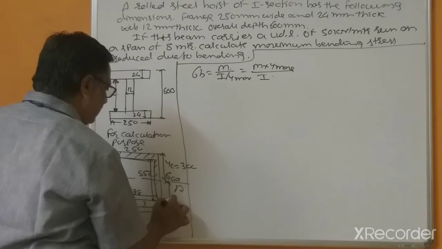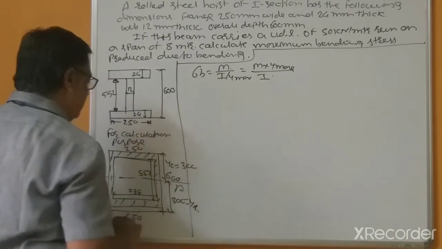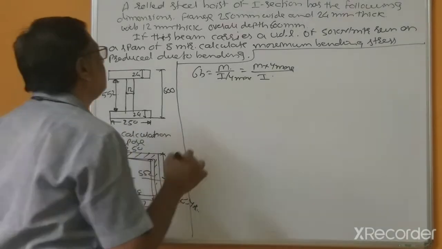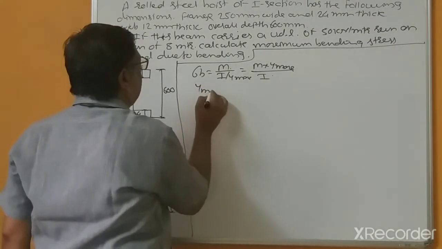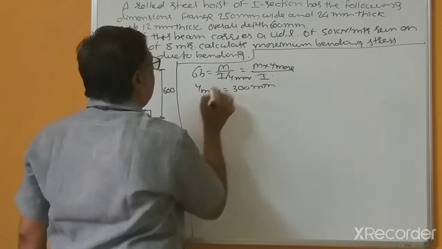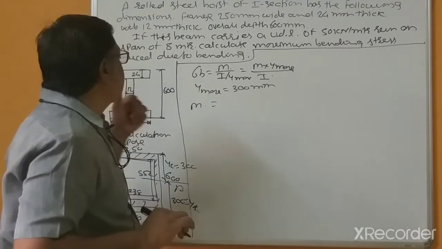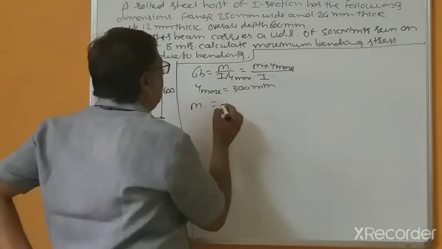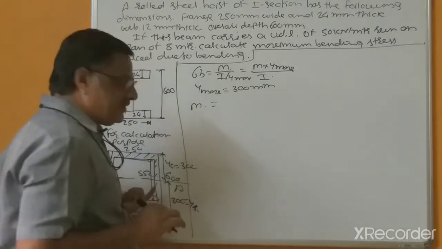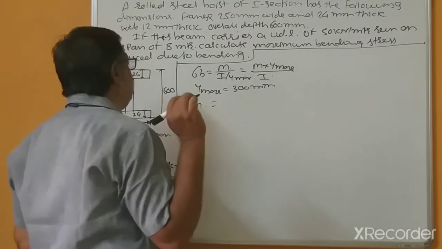So also yt equal to 300. So y max equal to 300 mm. Now the moment of resistance equal to bending moment, we first calculate, considering it solid.